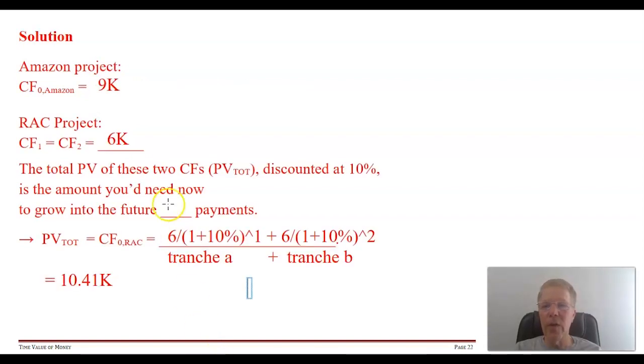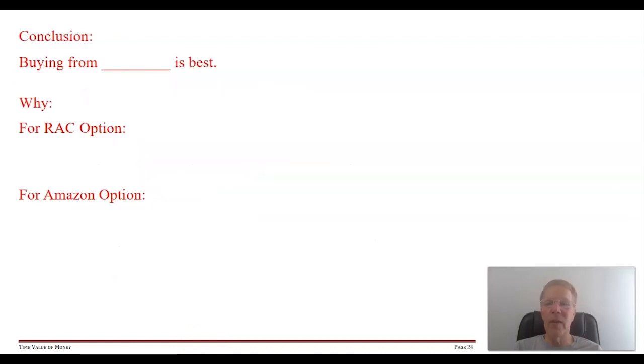All right, so if we go the Amazon route, we're out $9,000, we get the bike, right? If we go the Rent-A-Center route, we get the bike at t equals 0, but we have to put $10,400 and change into that savings account. So that's more money, so the Amazon option is best. Okay, so buying from Amazon, ticker symbol AMZ, is best.